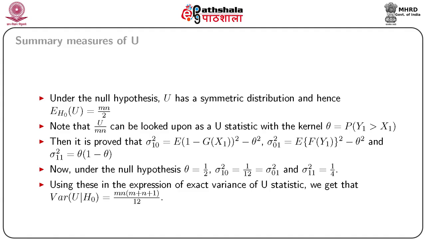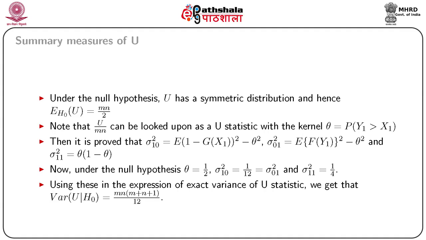Next, we shall calculate the first few summary measures of u. First of all, note that under the null hypothesis, u has a symmetric distribution, and hence the expected value of u under the null hypothesis is nothing but the point of symmetry, that is mn by 2. Next, note that u by mn can be looked upon as a U statistic with the kernel theta equal to probability y1 greater than x1.